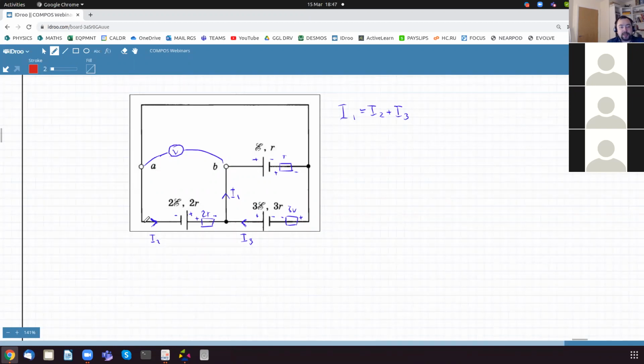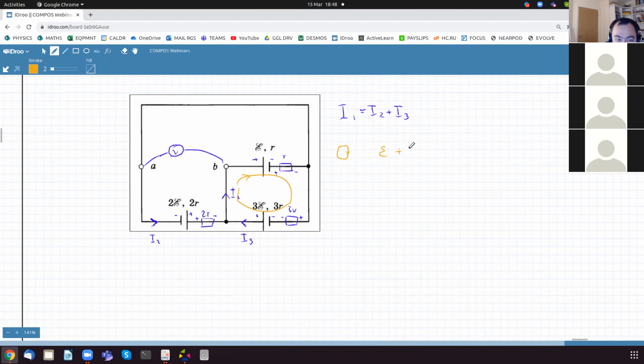Okay, so let's go around the bottom loop, this one. We're going to go clockwise. So the orange loop. We have EMF, so it goes from plus to minus. So EMF goes from plus to minus again.